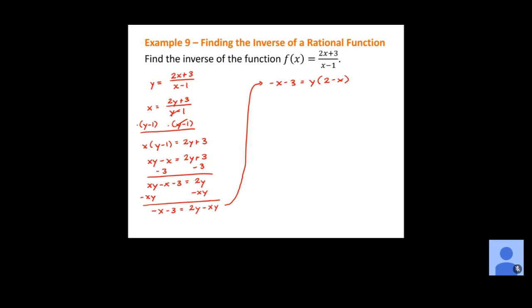So if I'm trying to get y by itself now, what would I have to do at that point? Good. Divide by what's in the parentheses there. So we're going to divide both sides by 2 minus x.